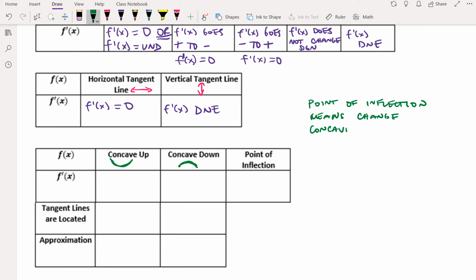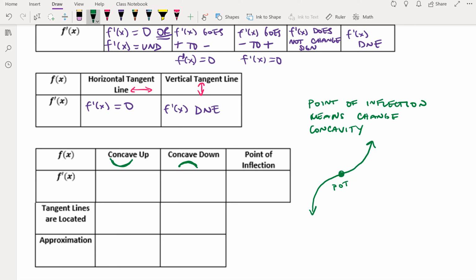And I will draw 2 examples of that. Okay, so I'll do it in green. Point of inflection. Say we go from concave down to concave up. So that's a point of inflection. Where you change concavity, like the spot that it flips, is a point of inflection.